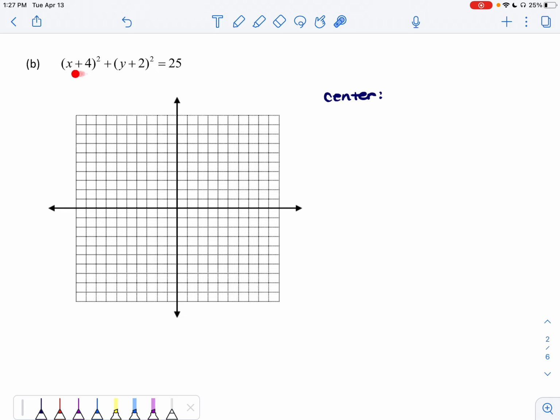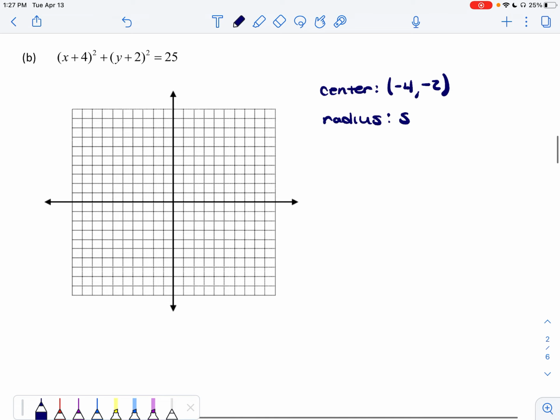So with an x plus 4, that would put our center at x equals negative 4, the opposite of the factor. And with a y plus 2, that puts our center at y equals negative 2, again, the opposite of the factor. Okay. And then the radius is just the square root of our constant term over here. So square root of 25 gives us a radius of 5.